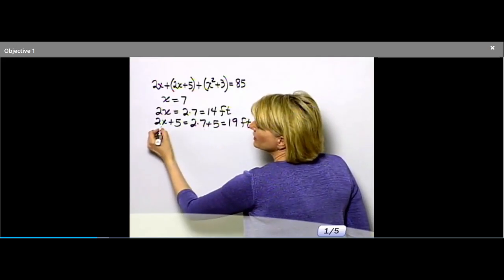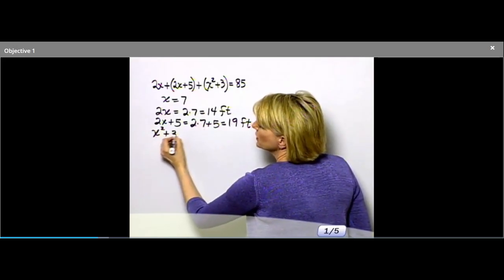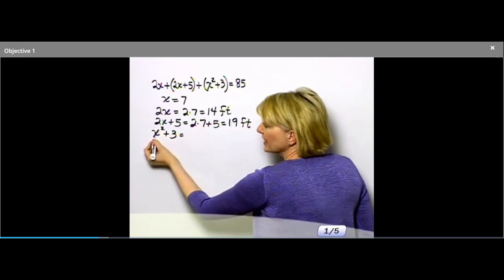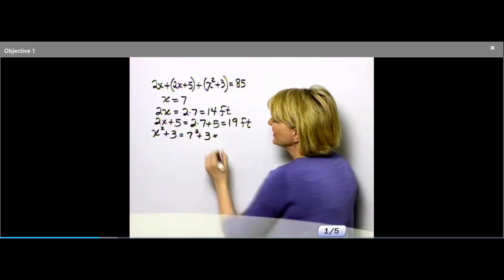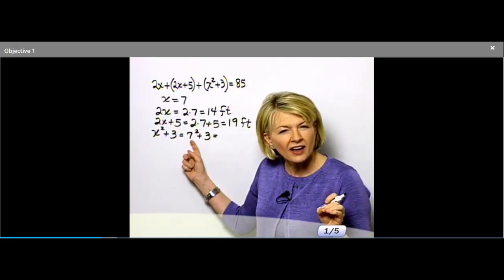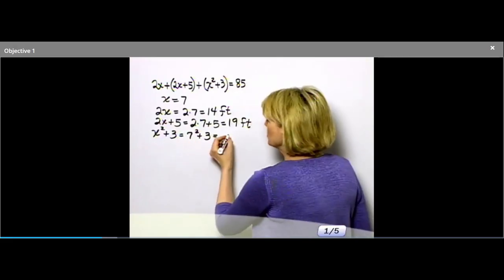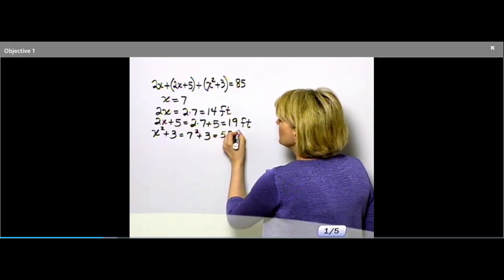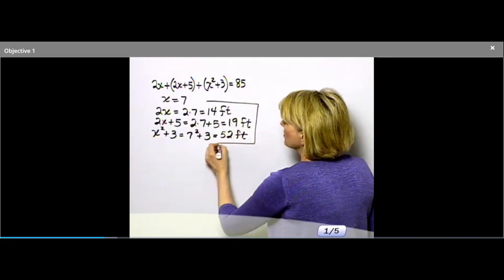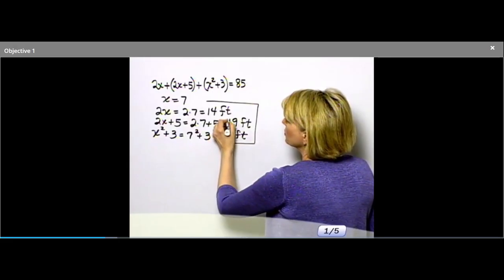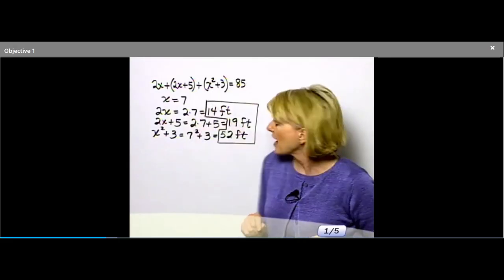And the third length was x squared plus 3, which is, let x be 7, 7 squared plus 3. That 7 squared is 49, plus 3 is 52, so that is 52 feet. Here are the lengths of the three sides of our triangle.